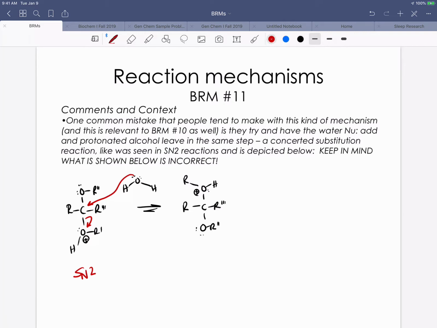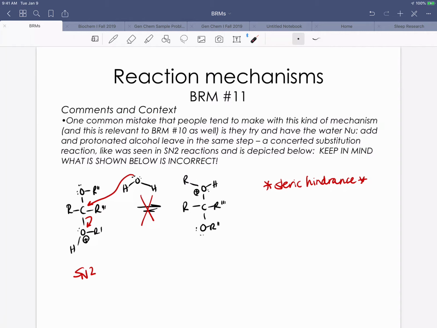But remember, this does not happen, and the reason it doesn't happen is steric hindrance. A big theme we've seen with lots of things is that chemistry is driven by energetics and by sterics.